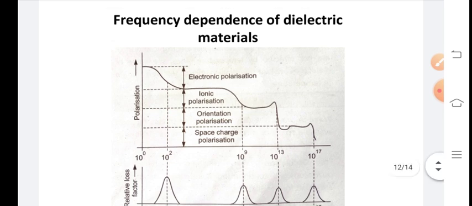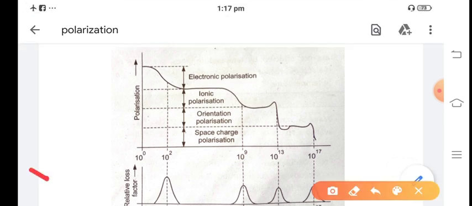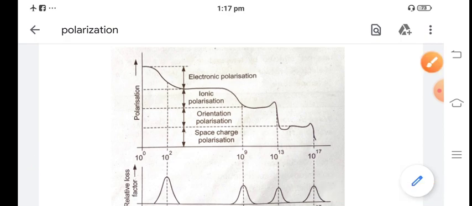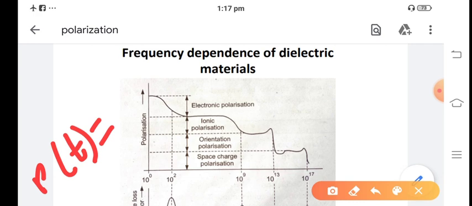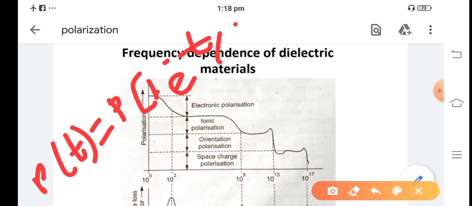That is, suppose P(t), polarization as a function of time, is equal to P into 1 minus e raised to minus t upon tr. This is the polarization of the dielectric material, which is a function of time t.